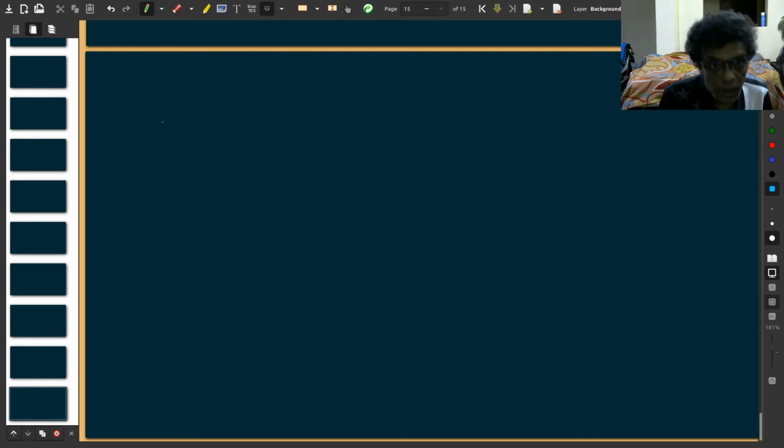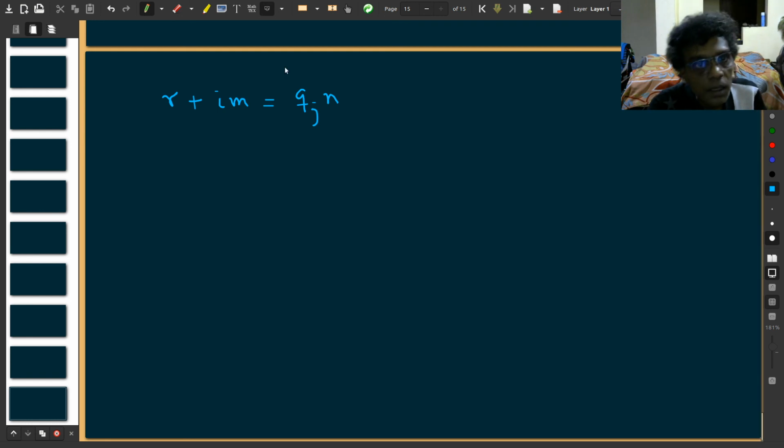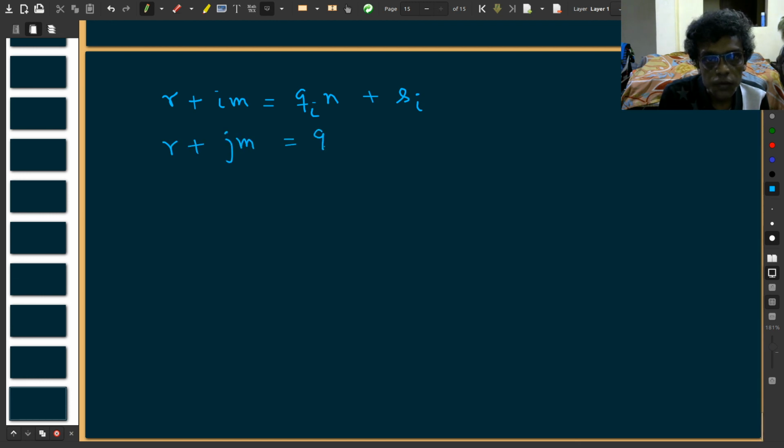So, what do I have? r plus im when divided by n gives qi n plus Si, whereas r plus jm is some quotient qj times n plus Sj.